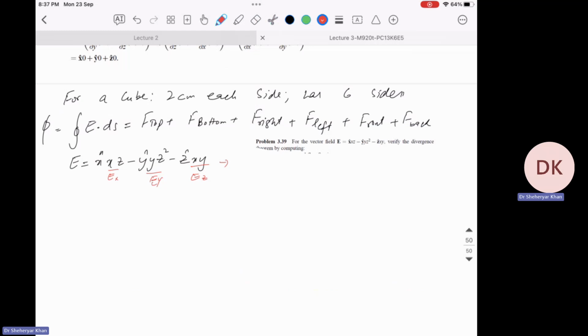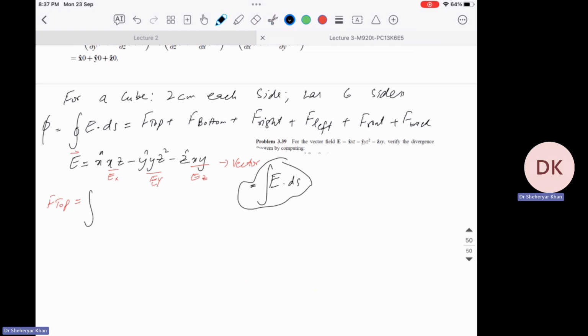And this is a vector quantity. Okay. So let's choose F top first. Remember, we are looking for E dot ds. That's our main target.